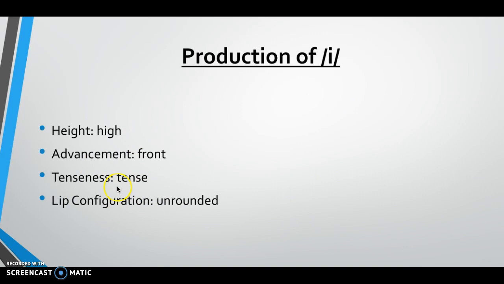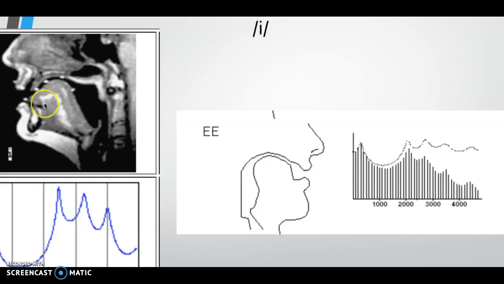It's also tense and unrounded. So this is a cross-sectional image of the E being produced. And you can see on this little graph right here, E has a low F1 and then a high F2.